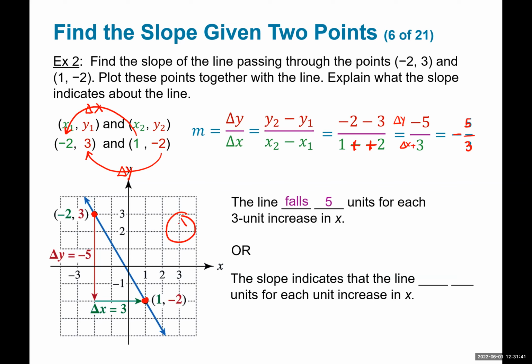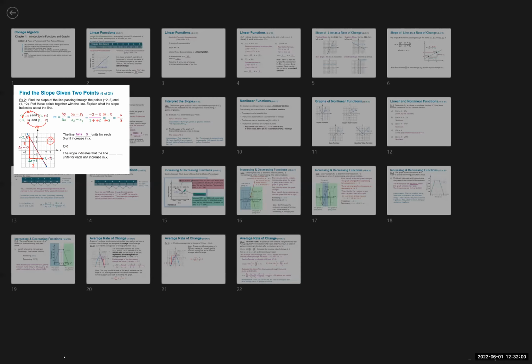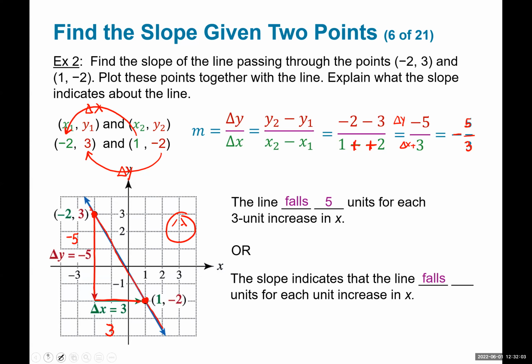Remember Slope Man? That's a negative slope over there. It's going down, down, baby. Oh, okay, got it. So from left to right, we had to go down 5 and over 3, +3. So it falls 5/3 units for each unit increase.